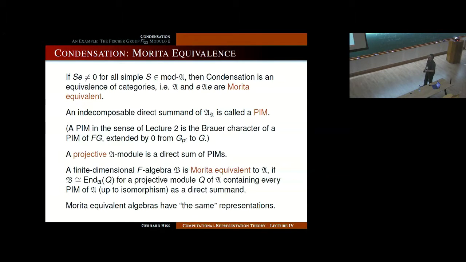And as I said, Morita equivalent algebras have the same representations in the sense that their module categories are equivalent. And this is exactly what we want. Of course, in the first place, we want the dimensions of the irreducible representations of a group algebra.